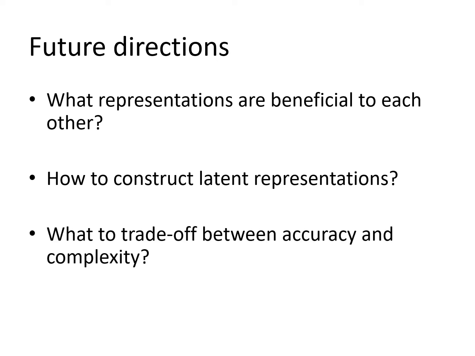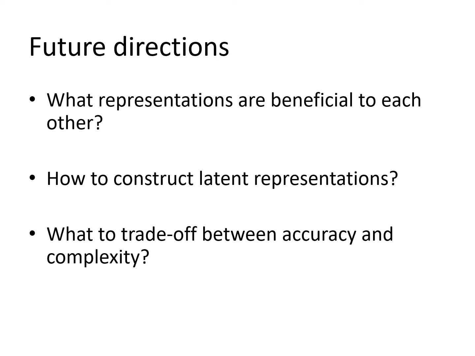Another question is related to the trade-off between accuracy and complexity. Using hybrid representations certainly increases the network complexity. In all the examples we have shown, we address this issue by sharing features, but allowing some independent decoupled variables for each individual representation.